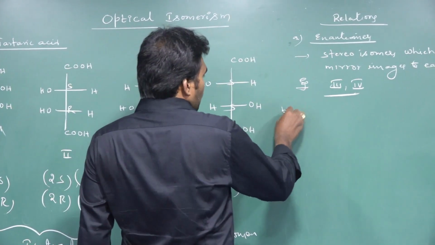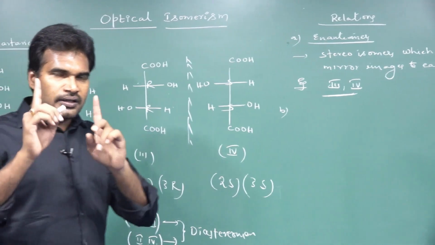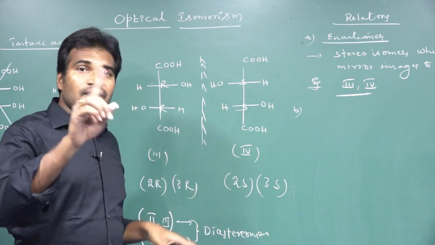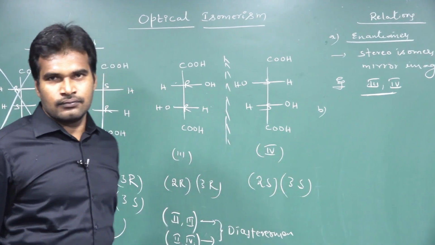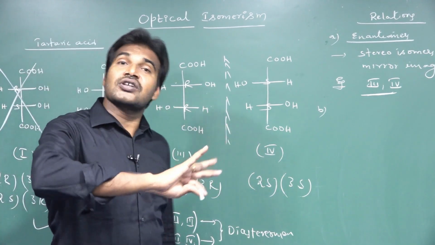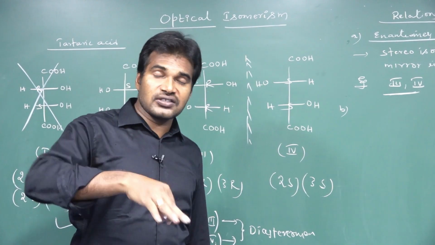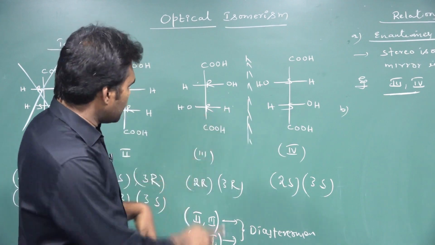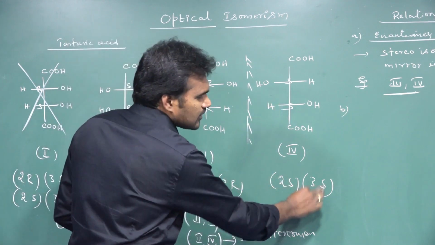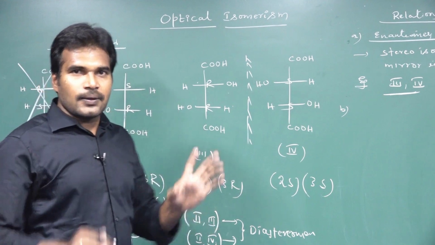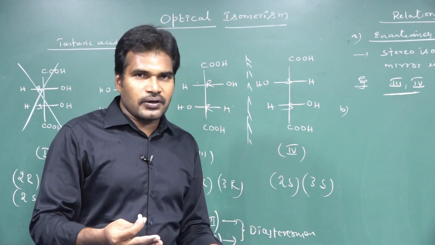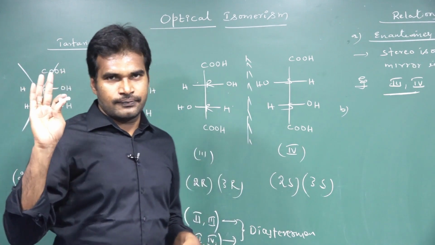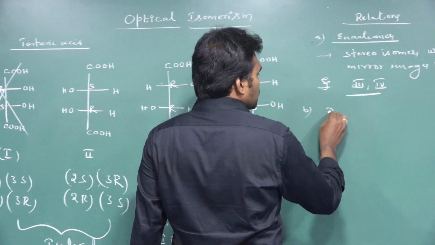If you see the properties of enantiomers, they have the same molecular formula and their physical properties are almost the same, except they differ in their optical activity. Here this is 2R 3R, but this is 2S 3S. The pair of isomers whose physical properties are almost similar, but they differ in their optical activity.